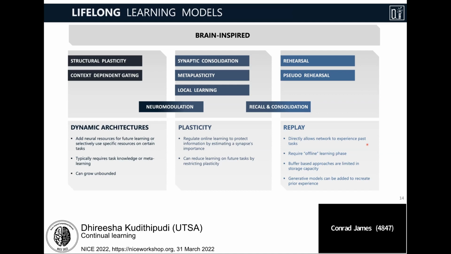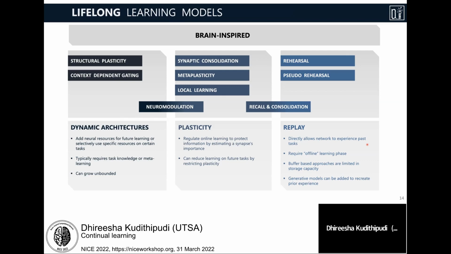In this context, you could have a significant overload on memory because you need to store all these past experiences. It can be quite expensive on the system. So buffer-based approaches can be challenging in here.